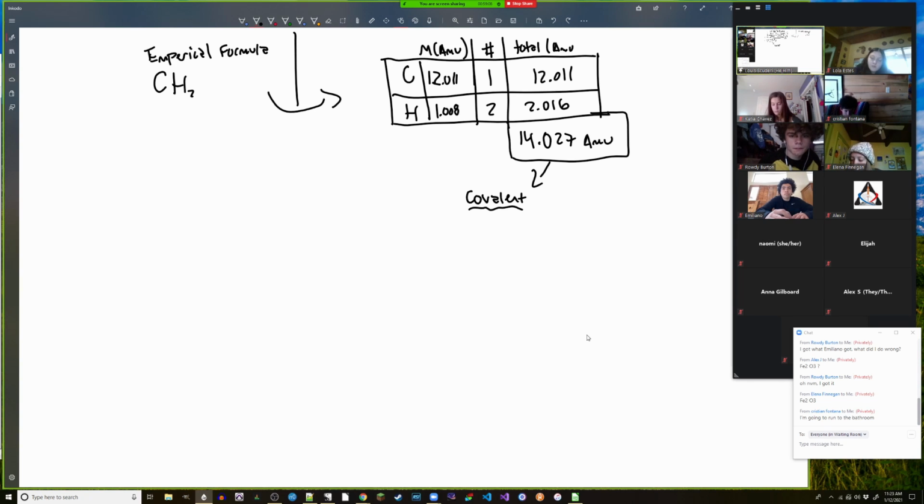But for the covalent compound, the reason we call it the molecular mass is that we know for a covalent compound, this is the whole molecule. It just exists by itself. Whereas for an ionic compound, like salt, NaCl, we'd call it a formula mass, because ionic compounds can sort of crystallize together, right?